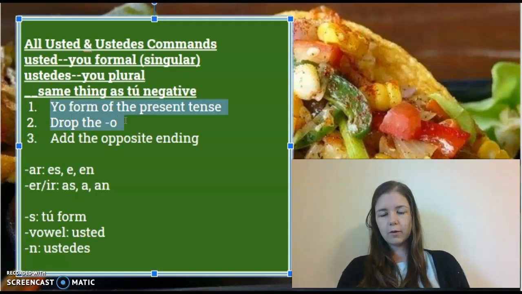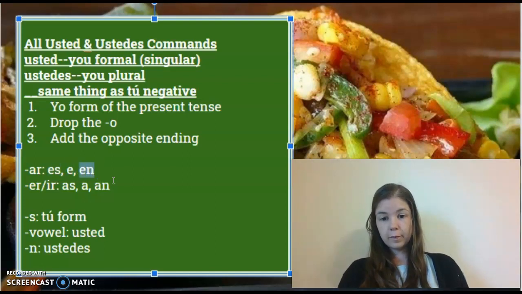You take off the o and then you add the opposite ending. So I put the opposite endings here. AR verbs are going to end in es for the tú form, e for the usted form, and then en for the ustedes form. ER and IR verbs end in as for the tú form, a for the usted form, an for the ustedes form.